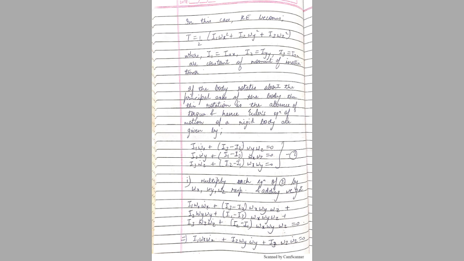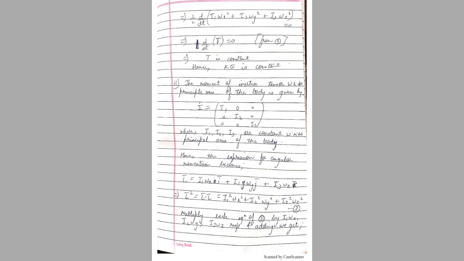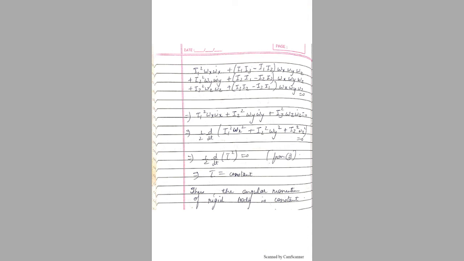And I will get these equations, I1 omega x into omega x dot. After solving this, we will come over here, and you know that the I1, I3 and I3, I1 terms will get cancelled. Similarly, basically all these terms will vanish, and I will have only these three terms.